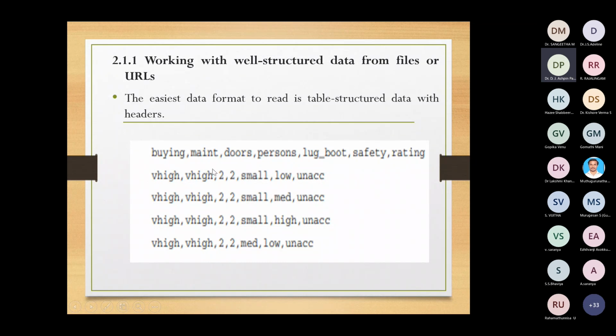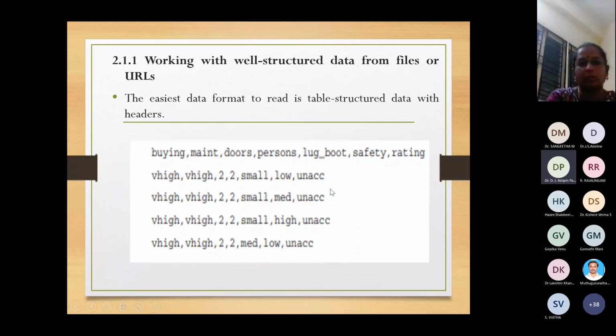Buying very high, maintenance very high, doors 2, and 2 persons, and then the size looks small. That is the information about that particular car. And another car has buying v-high, doors 2, size small, and medium.